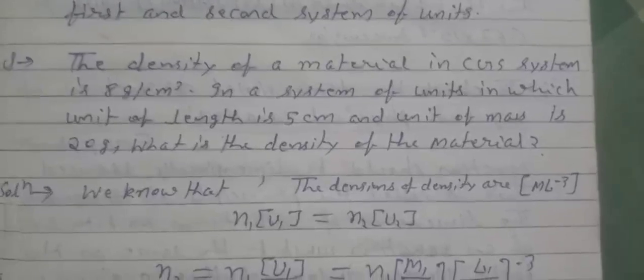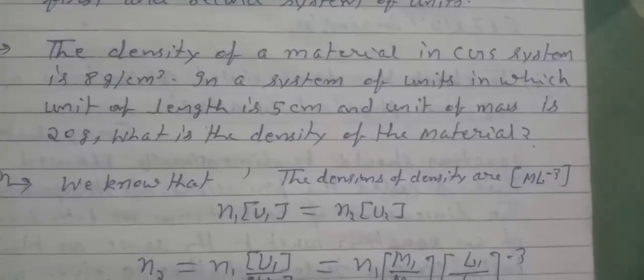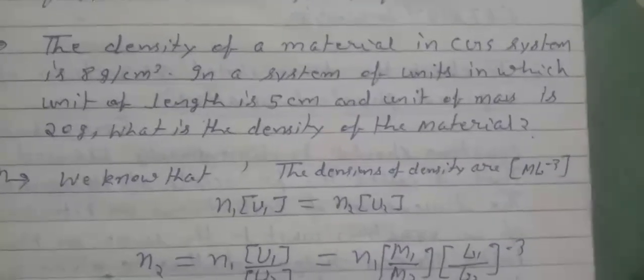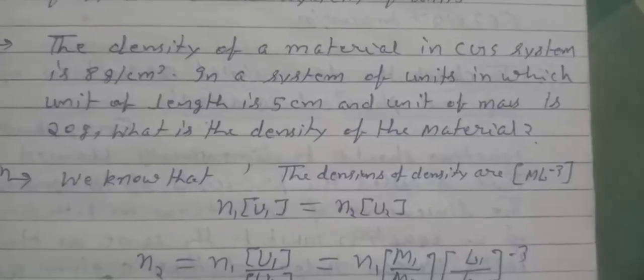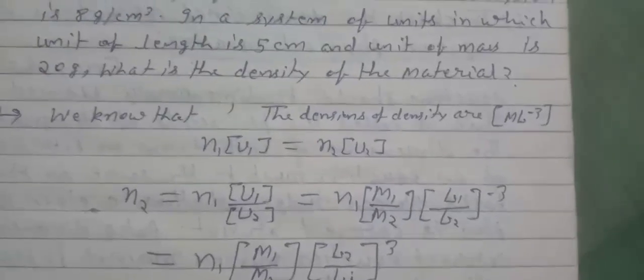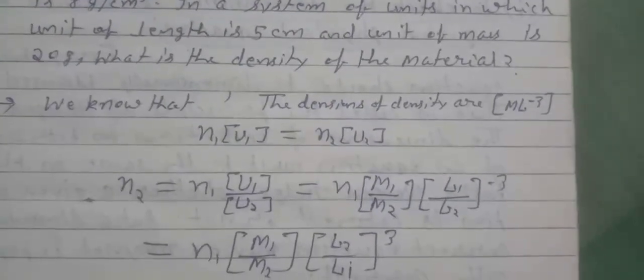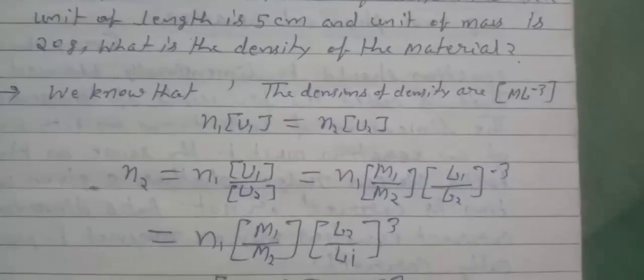For example, the density of a material in CGS system is 8 gram per cm3. In a system of units in which unit of length is 5 cm and unit of mass is 20 gram, what is the density of the material? We know that the dimensions of density are M L to the power minus 3. So n1 u1 equals to n2 u2, where n1 u1 is first system and n2 u2 represents second system.